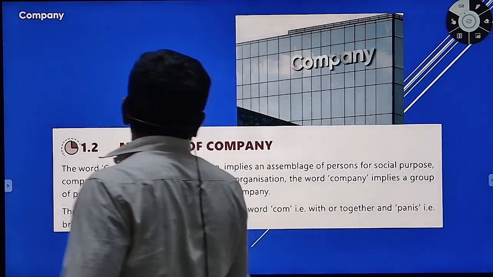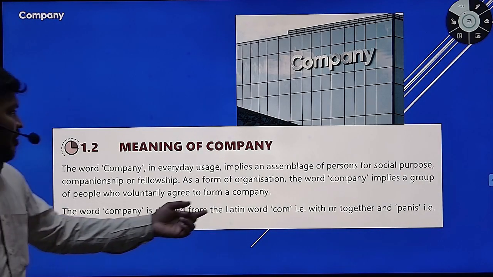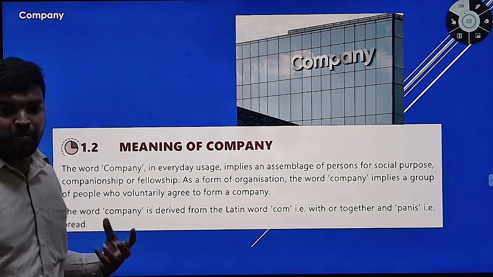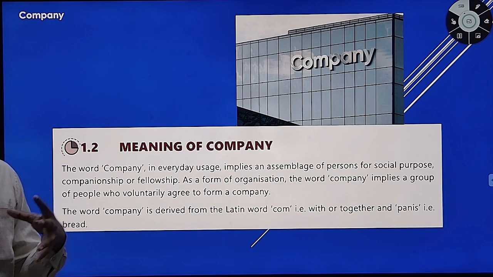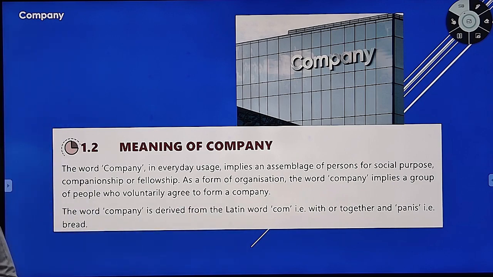A company implies an assemblage of persons for social purpose as a form of organization. Company implies a group of people who voluntarily agree to form a company. In a partnership firm also a group of people will form, but the simple difference is unlimited liability versus limited liability. That is a basic difference and we have several differences.